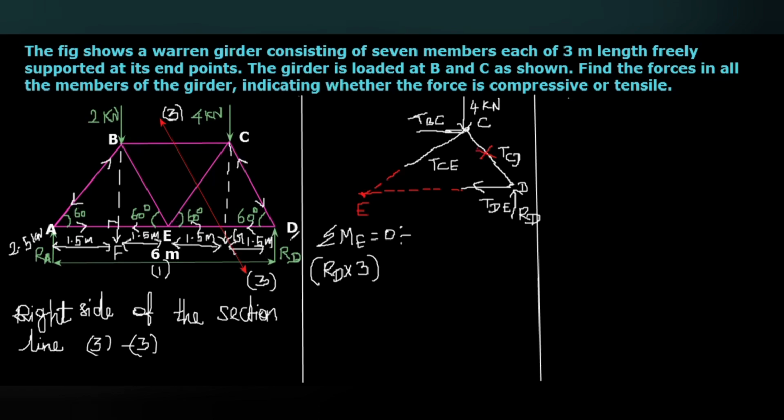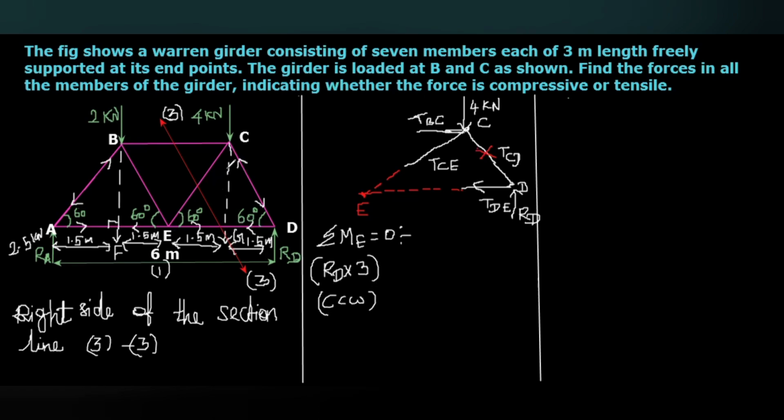From the point E, this RD is in counterclockwise direction. RD into 3, that will be in counterclockwise direction.